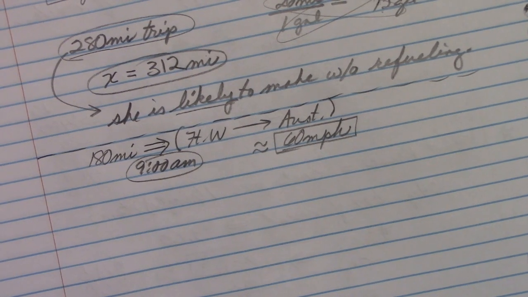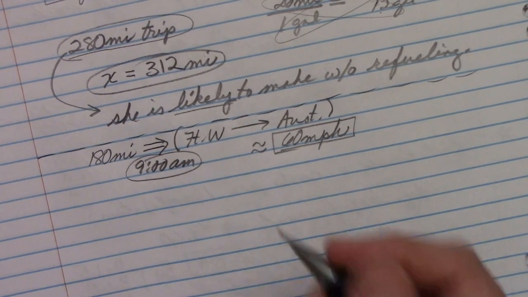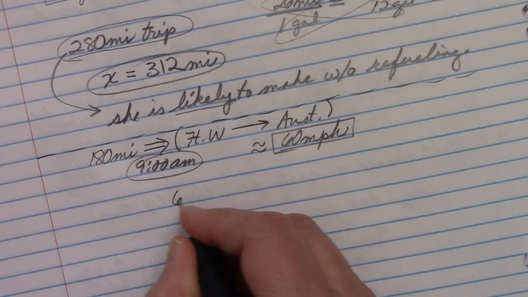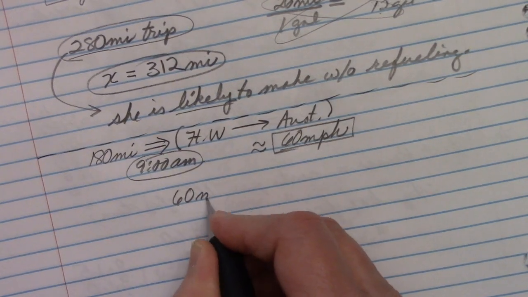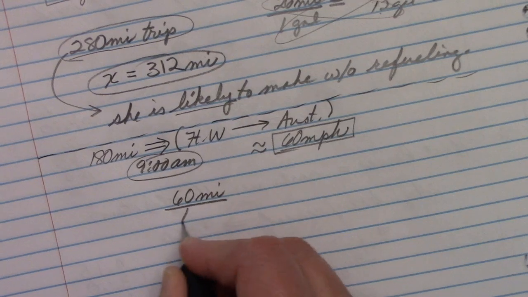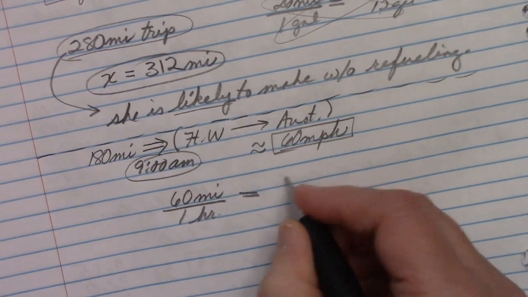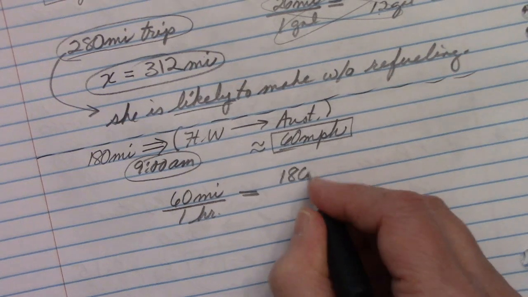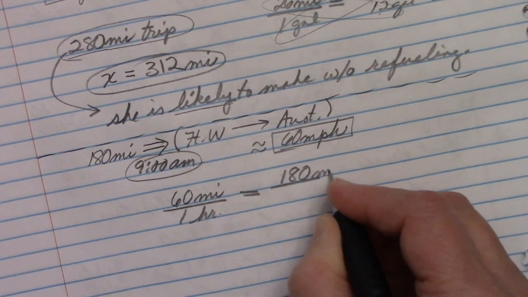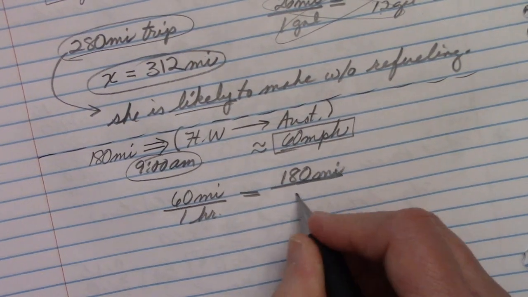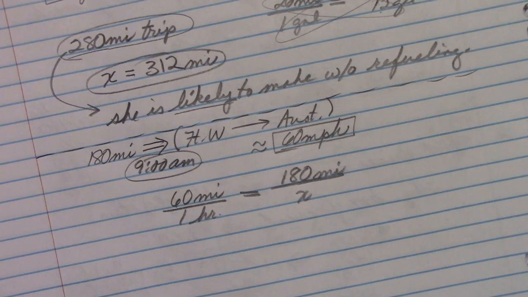How many hours will it take her to go the 180 miles? Let's set our thing up here. We've got a rate of 60 miles in 1 hour. How long will it take her to do 180 miles? How many hours?